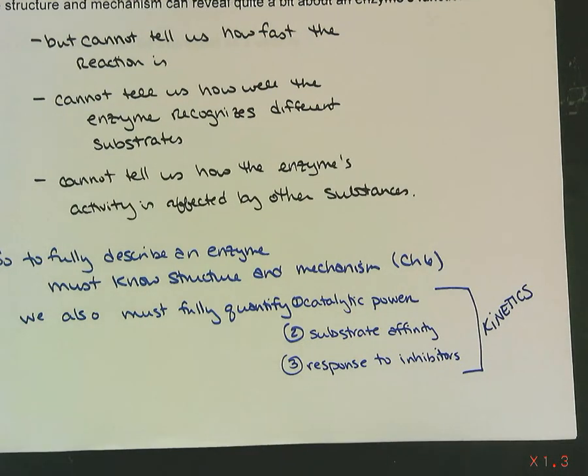Those three things are the study of kinetics. So kinetics will tell us the catalytic power of an enzyme, it will tell us substrate affinity, and then kinetics can tell us about how an enzyme responds to an inhibitor.